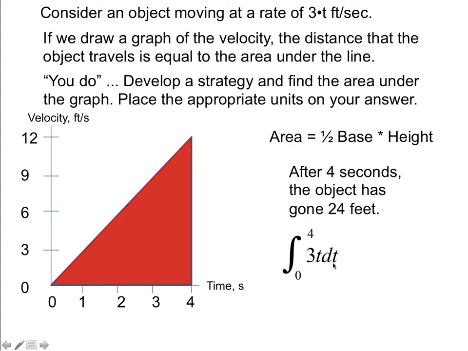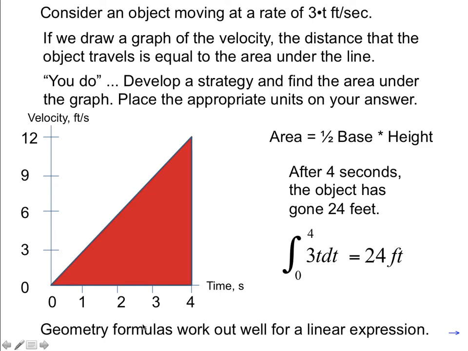That velocity function is 3t, but we're actually going to use this geometry formula here. So we have half 4 times 12. 4 times 12 is 48, divided by 2 is 24 feet.